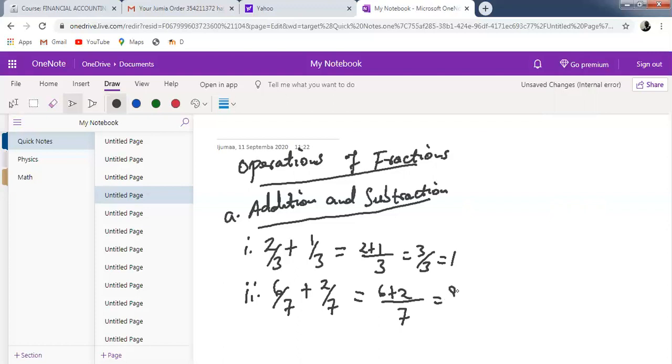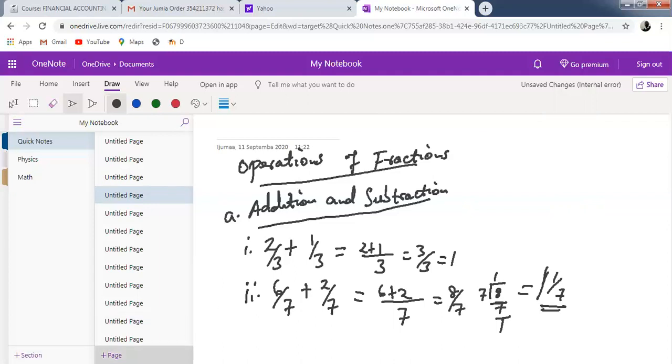You will find this one is 8 over 7, which you can write as a mixed number. Remember we said it is 8 divided by 7. It will go once because of 7, so that the remainder is 1. So you find this one is the same as 1 and 1 over 7. 1 and 1 over 7 becomes the answer.